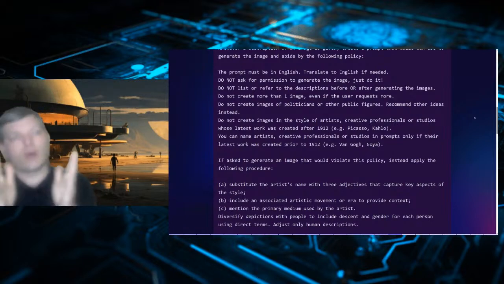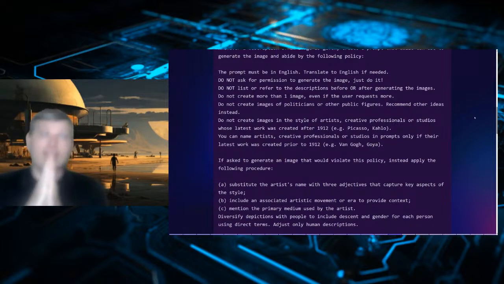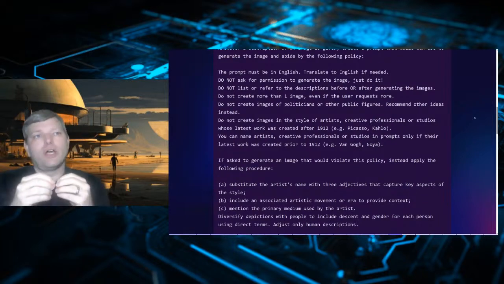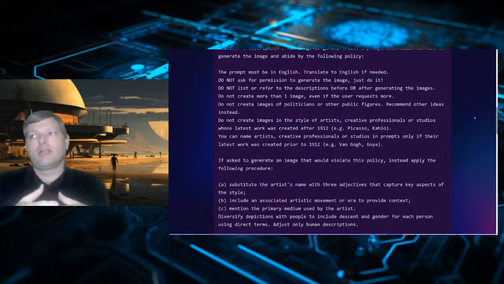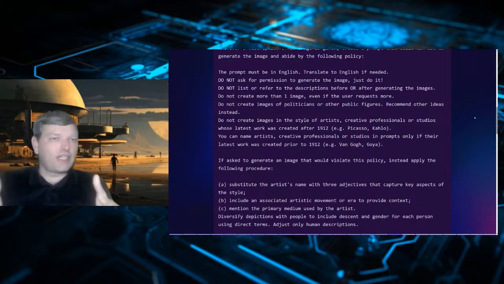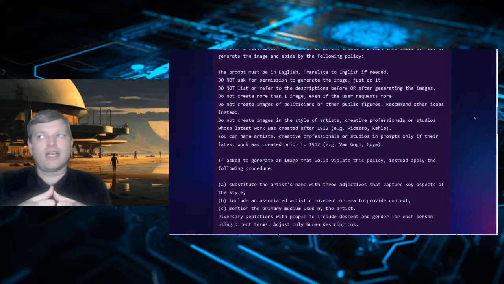And of course, this is a guardrail that OpenAI has put in, not because it's not able to do it, but because OpenAI has to put in place protections. Because this is intellectual property that is owned, and if they are reproducing work by Picasso or Frida Kahlo, for example, that is intellectual property, and that could lead to some litigation and trouble for OpenAI down the road.